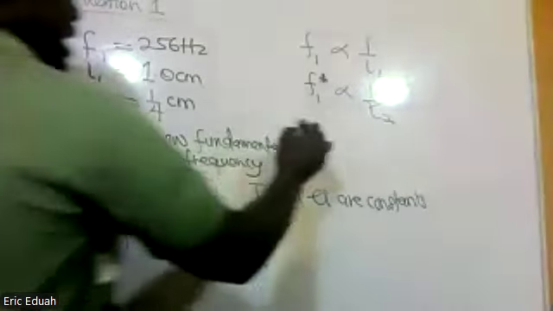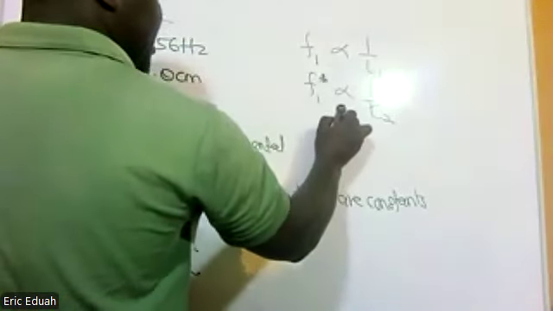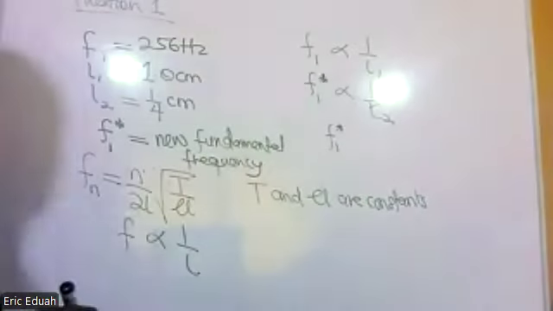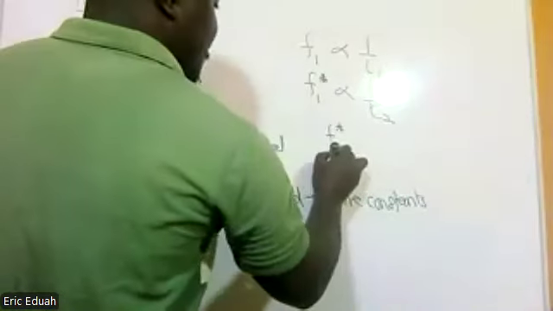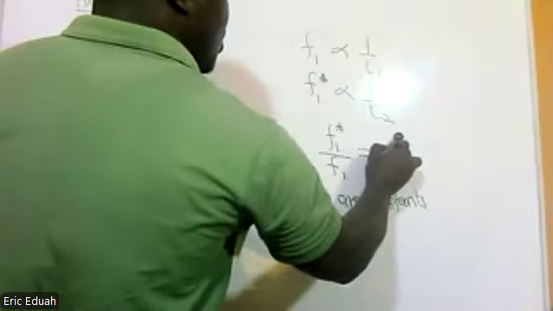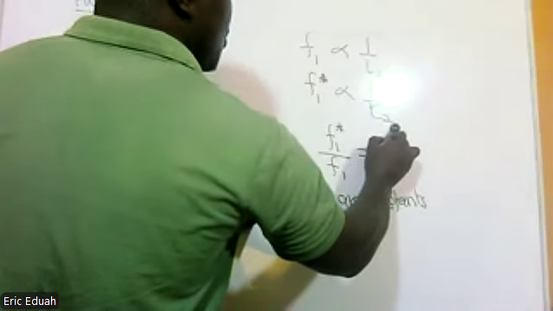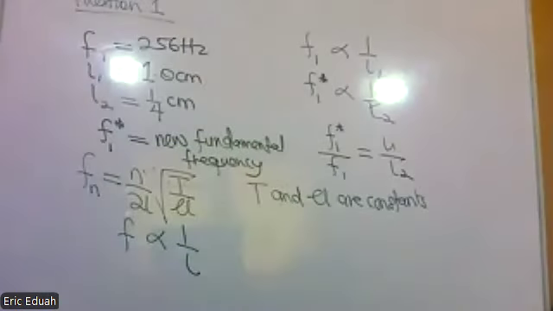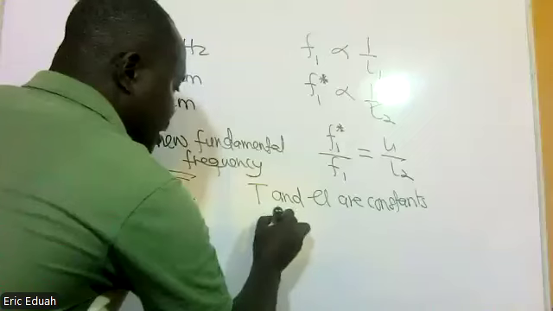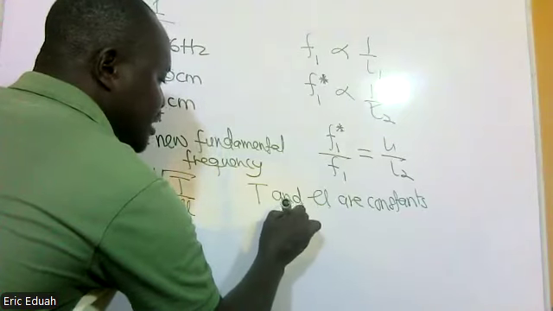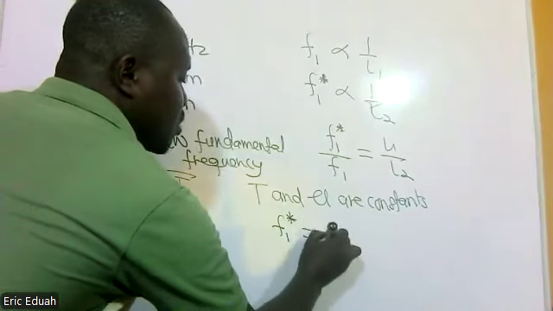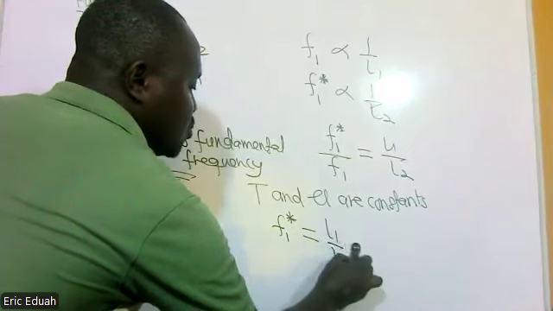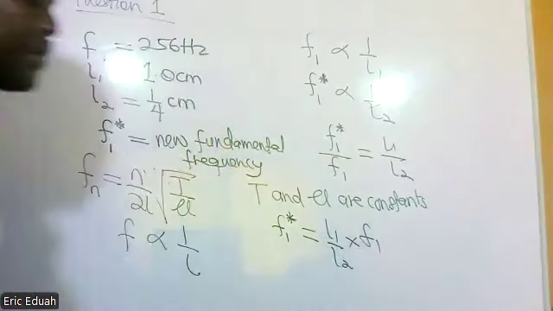So if we take F1 star on F1, it will be equal to L1 on L2. Therefore, F1 star would be equal to L1 on L2 times F1.